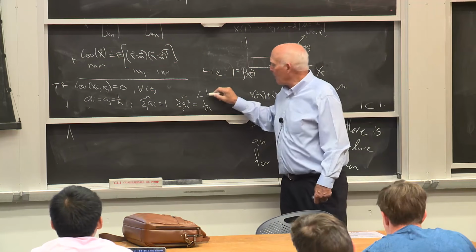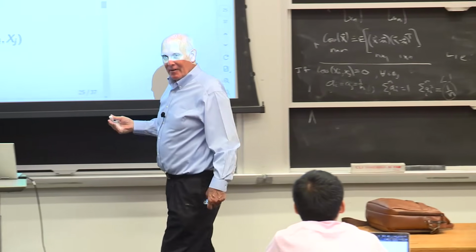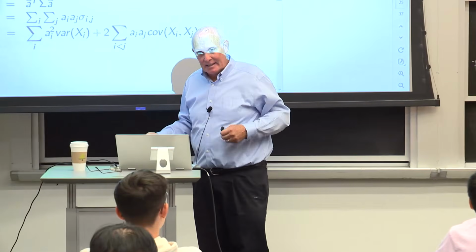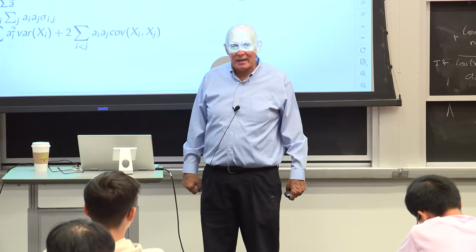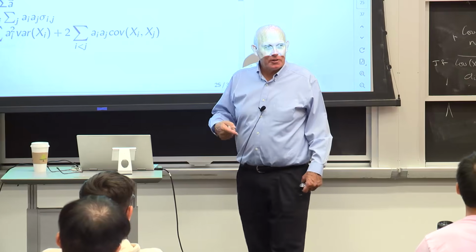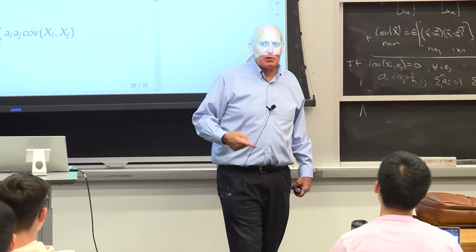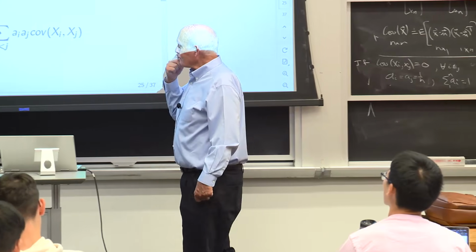So the variance of an equal weighted average of the x's will have variance that's 1 over n times the variance of each of the x's. So this is where diversification can be useful in terms of reducing variability.